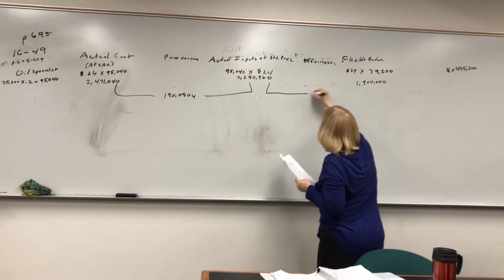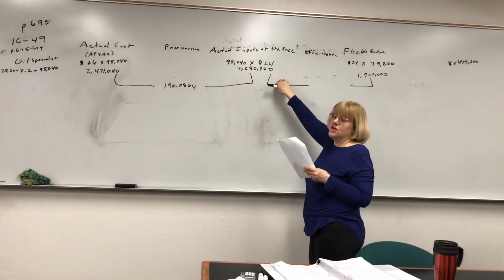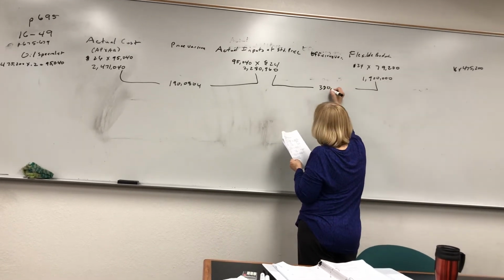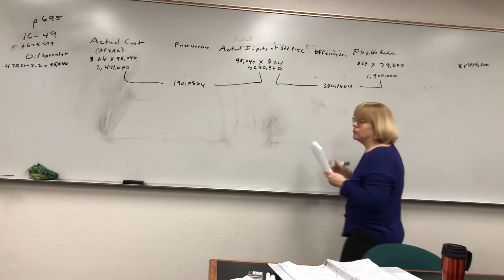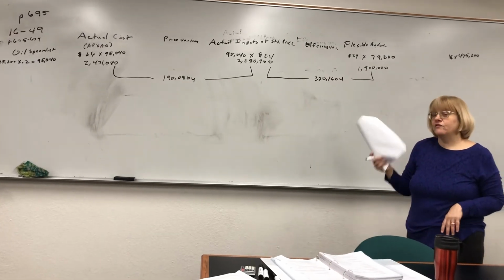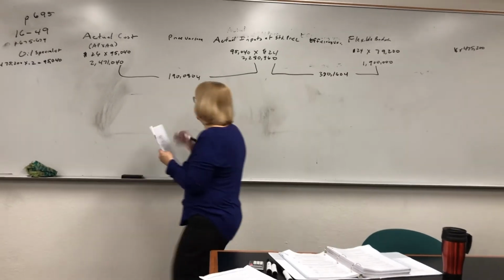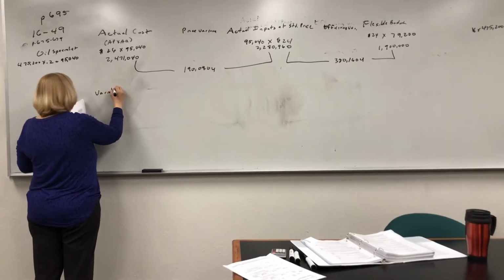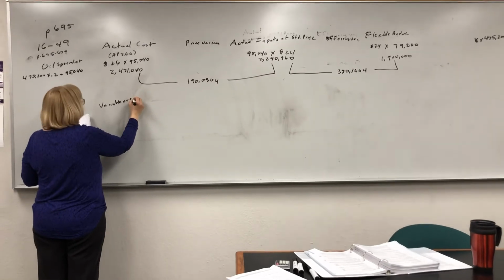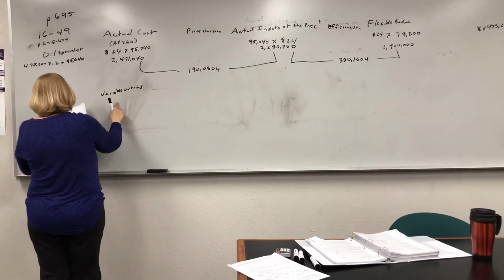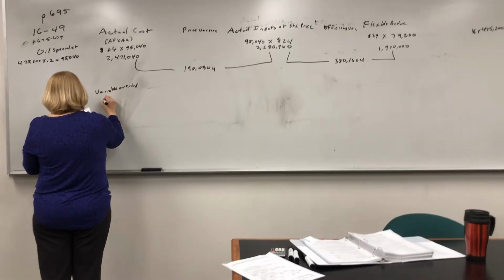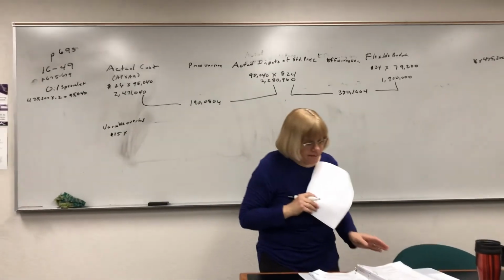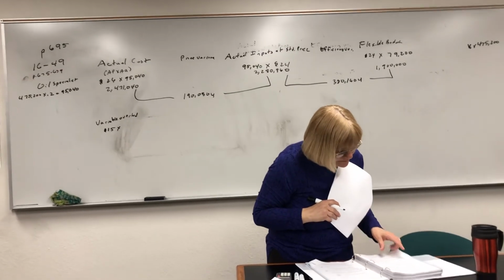So here our actual inputs at standard price are greater than our flexible budget. So we have 380,160 unfavorable. So you can see both of our variances for labor are unfavorable this time. Variable overhead, which is the next one, we have for our actual cost $15 times, which it tells us is the rate that it's applied at.